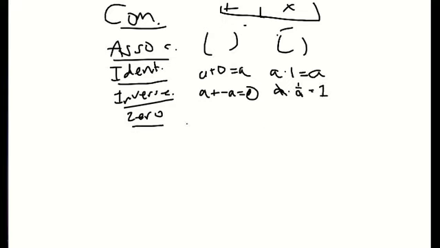And the zero property means a plus 0 will get you a, whereas a times 0 will get you 0. So as you can see, the identity and 0, like I said before, are identical in addition, but not in multiplication.